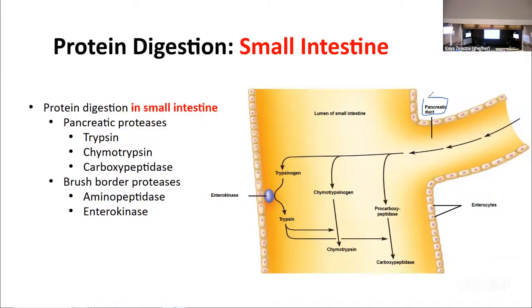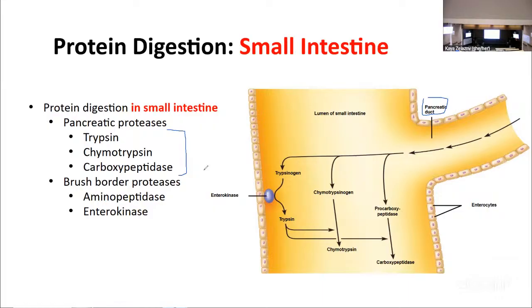For the carbohydrates, we had our pancreatic amylase in that pancreatic juice. Now we've also got a lot of proteases to add to our mental list of all these different enzymes and proteins the pancreas has been producing. So here we have the proteases coming from the pancreas.